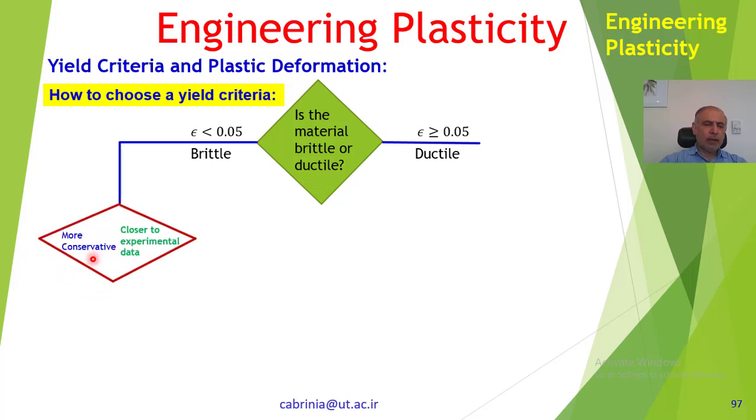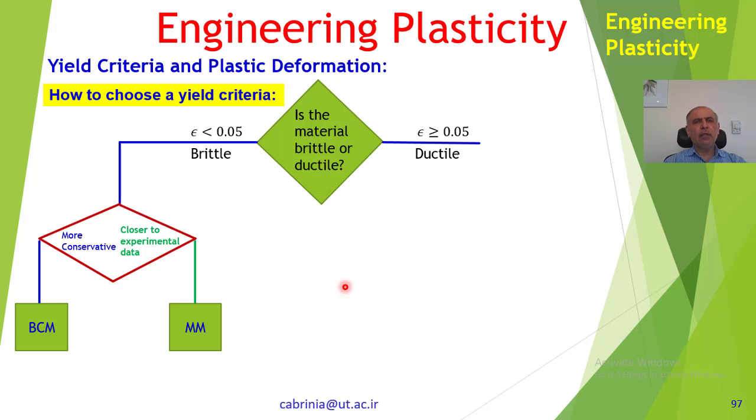So if it is brittle, then we must decide which criteria we want to use, more conservative criteria or closer to experimental data. If we decide on more conservative, we know that is BCM, which is the Coulomb-Mohr criteria for brittle material, and this is the modified Mohr criteria, which is closer to experimental data.